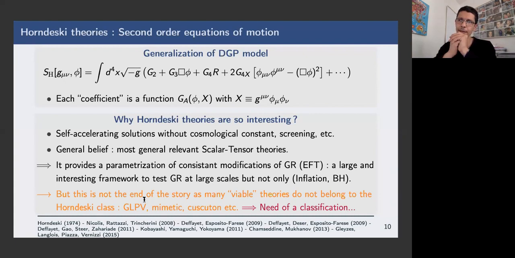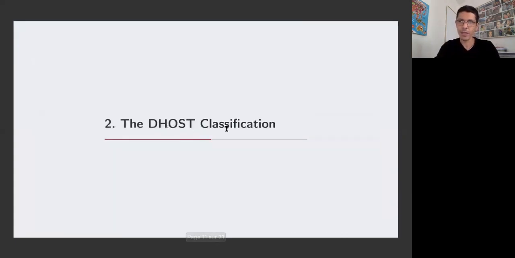There was a need to classify all of them. And now comes the DHOST classification, because the aim of the DHOST classification was exactly to classify all that was known and to see whether it was possible to construct new theories or not.